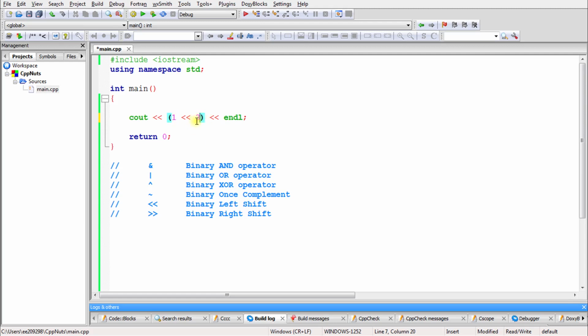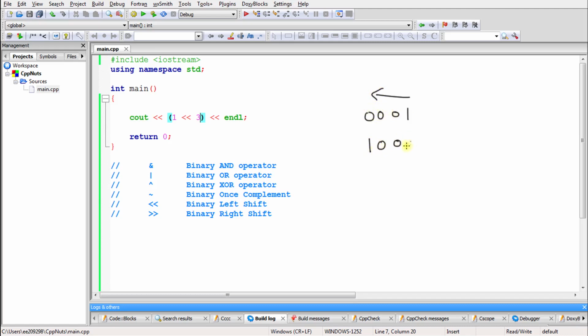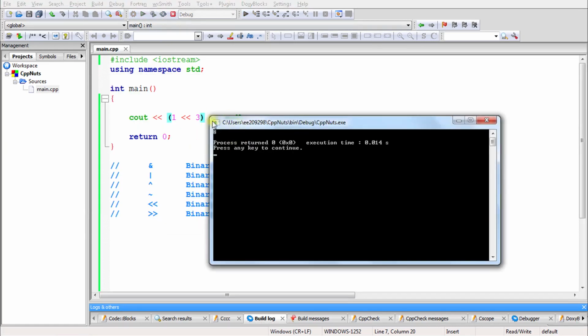Let's suppose we are talking about this 1 with 4 bits only, because no need to write the whole 32 bits because that would be very long. So if you are applying 3 times left shift, this 1 would come 1 shift here, second shift here, third shift here. So this would be 1 0 0 0, which is nothing but your 8. So this expression should produce 8. So let's check that. See, it is producing 8 only.